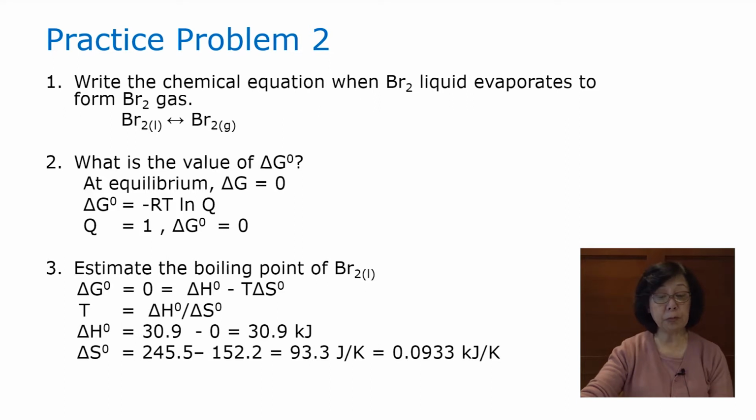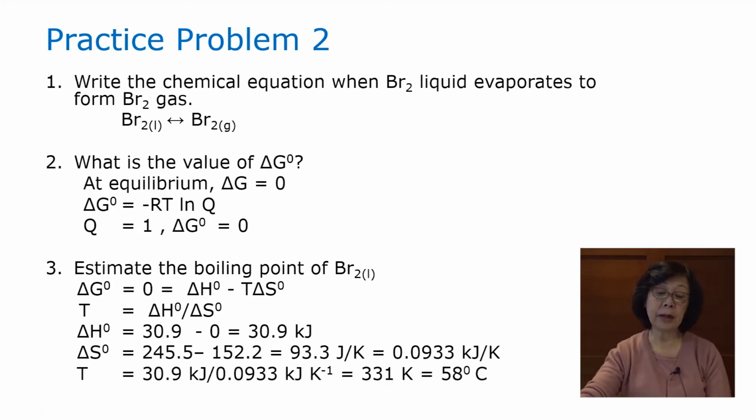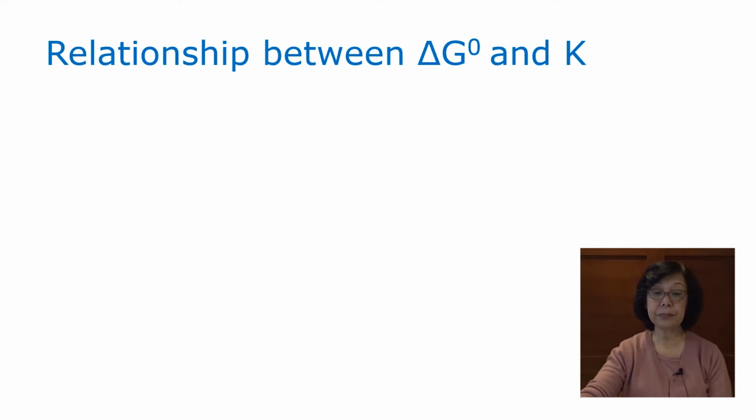Remember, you can look up in your book to find these values for bromine gas and bromine liquid for the enthalpy and entropy change. Now we calculate temperature, which is enthalpy divided by entropy, and we get 331 Kelvin, or 58 degrees C. That's the boiling point of bromine at equilibrium.